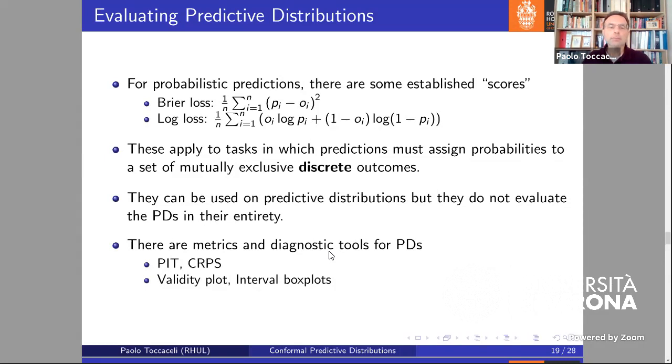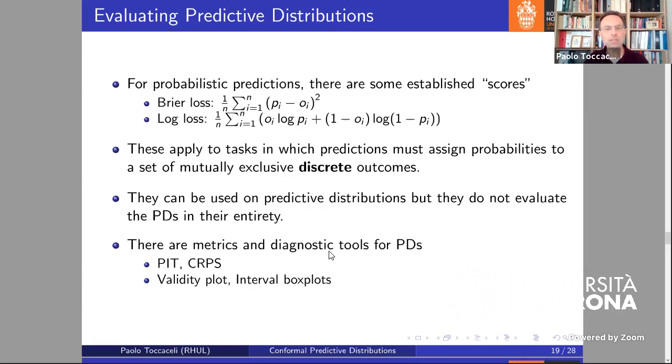So the question that we should pose ourselves now is, how can we say that one predictive distribution is better than another? How do we evaluate them? For probabilistic predictions in general, there are some established scores. There's Brier loss, which is sort of quadratic. There's log loss. And these are used everywhere, if you will.